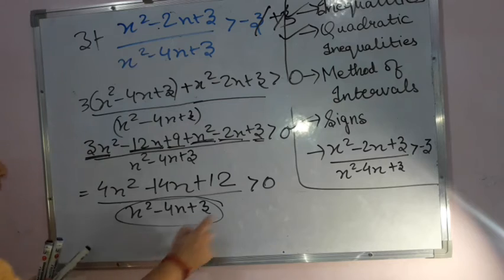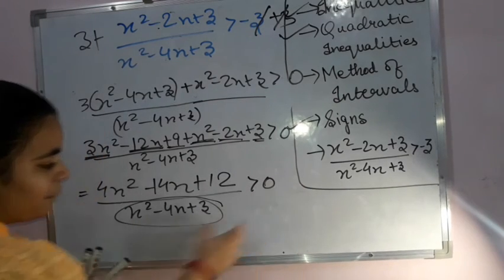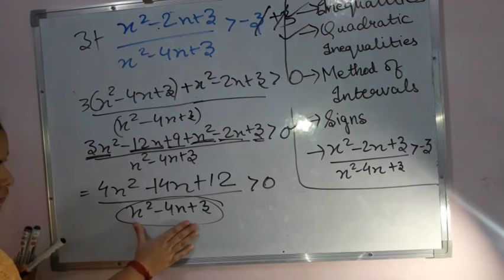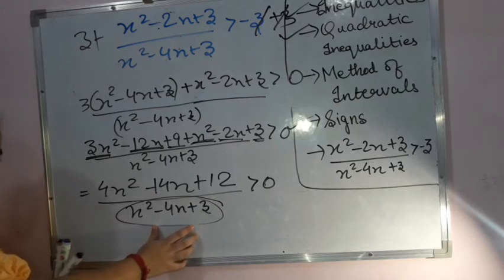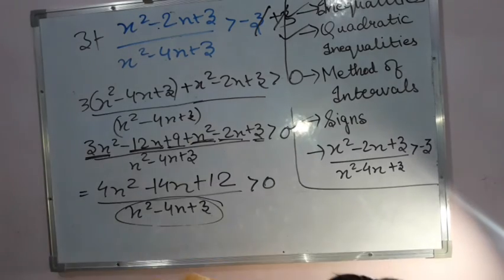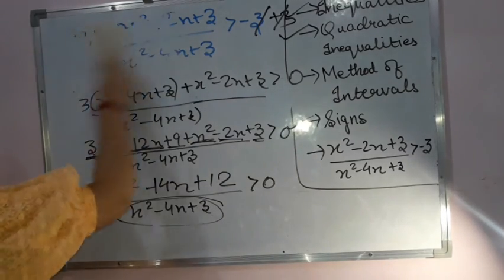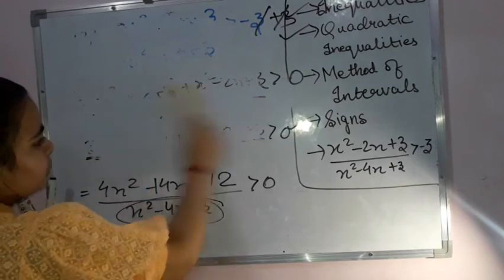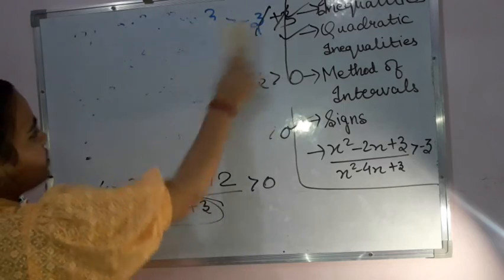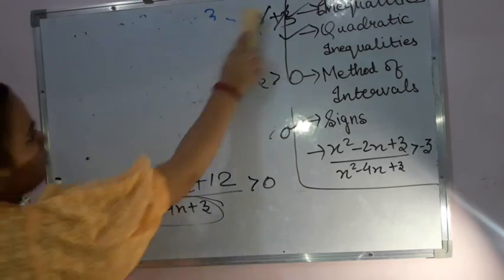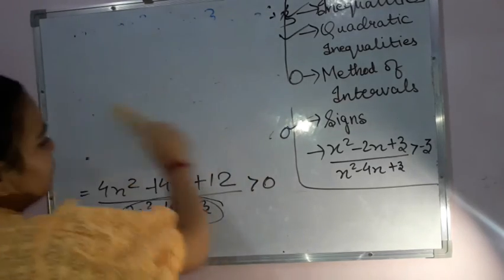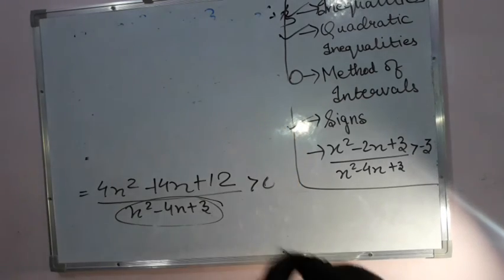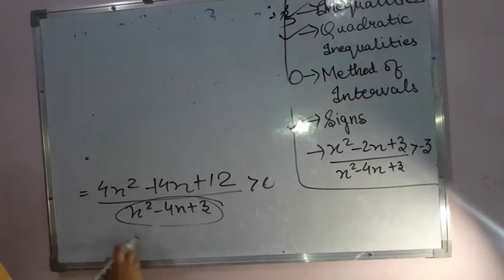So multiplying both the hand sides with the same term, that is x square minus 4x plus 3. Let me solve it there. So like this we have. This is only the last part we will be having here, so that there is no confusion between the part we are solving. Now see, we multiply both hand sides with this term, that is x square minus 4x plus 3.